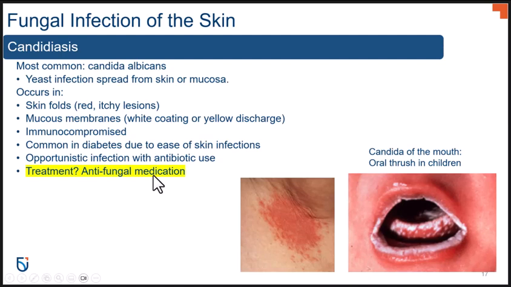If too much soap is used or certain wipes are used, this can disrupt the normal environment, causing a yeast infection in babies. And then treatment would be with use of antifungal medication, which can be topical depending on the particular infection.